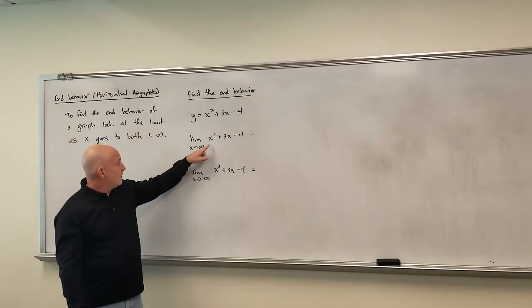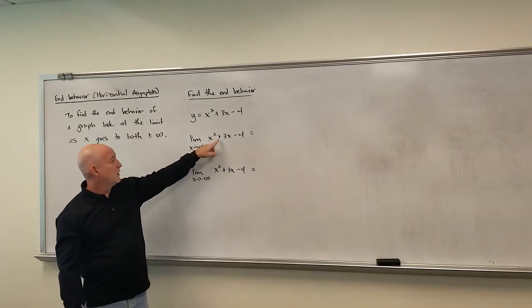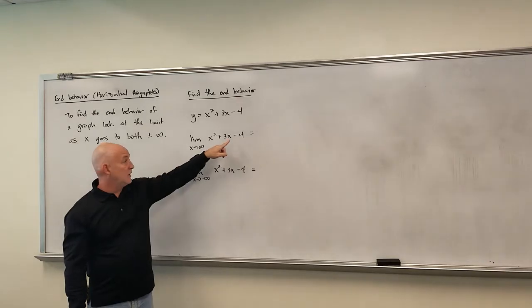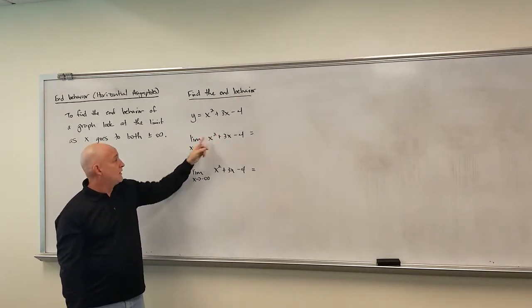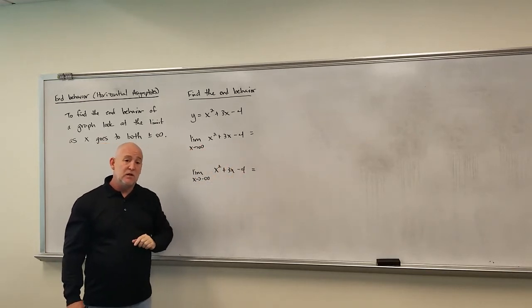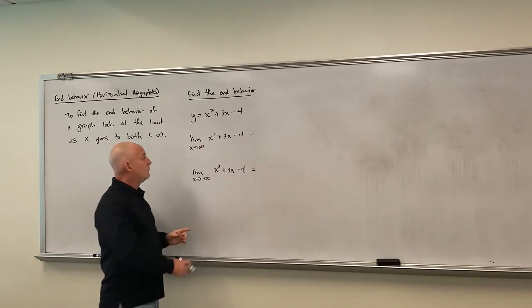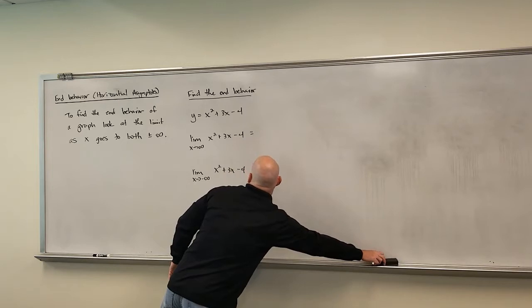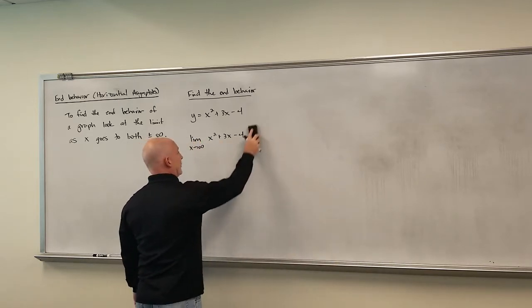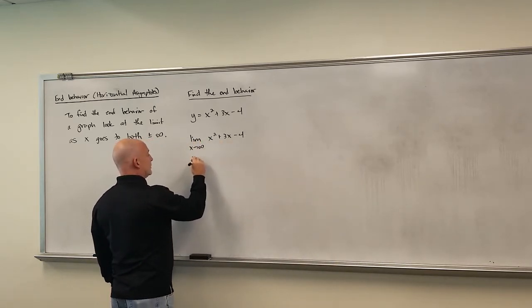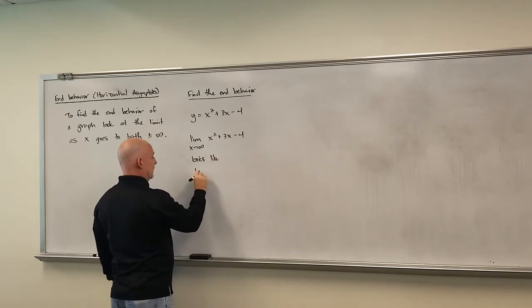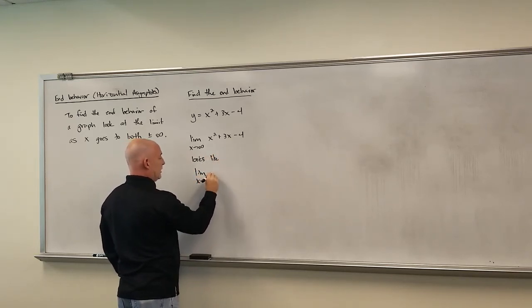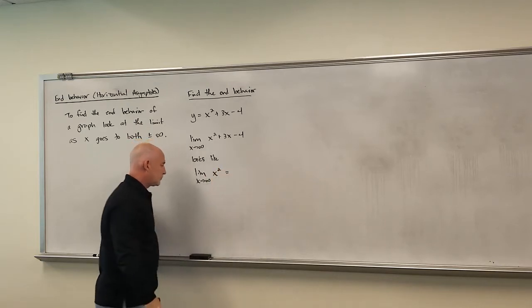This is going to be infinity squared plus 3 times an infinity minus 4. The minus 4 doesn't mean anything. In fact, all lower powers basically don't mean anything at all. So this is going to look like just the limit as x goes to infinity of just x squared.